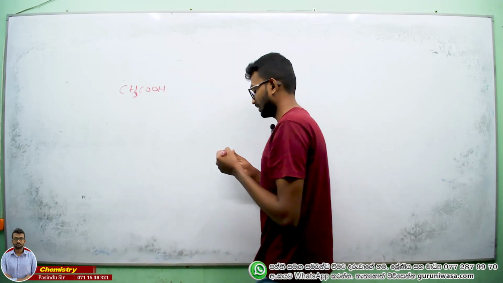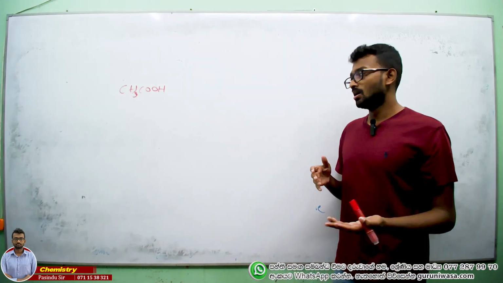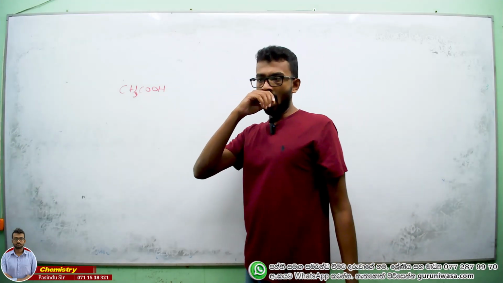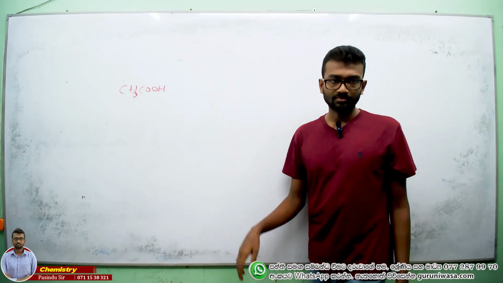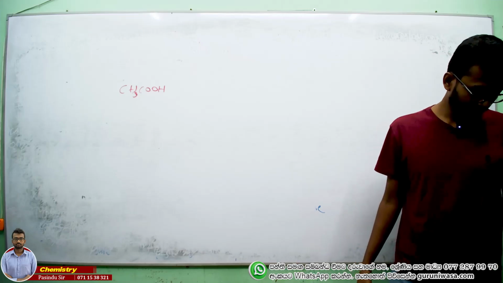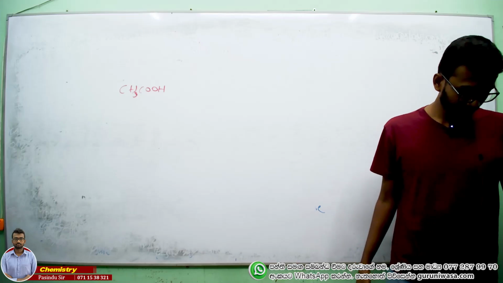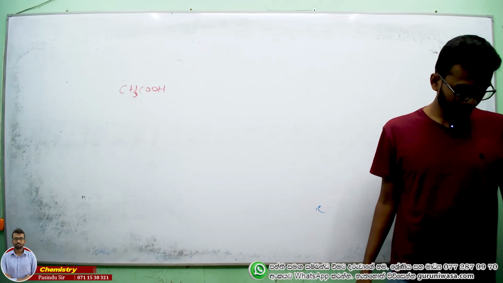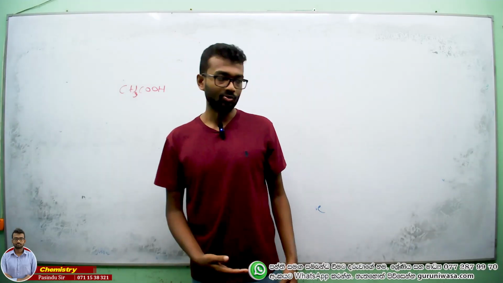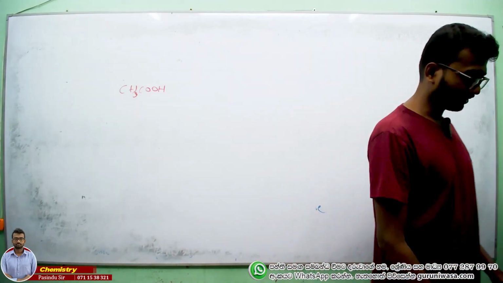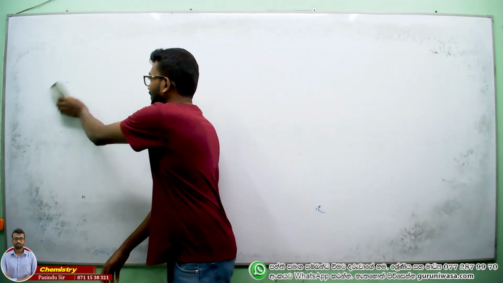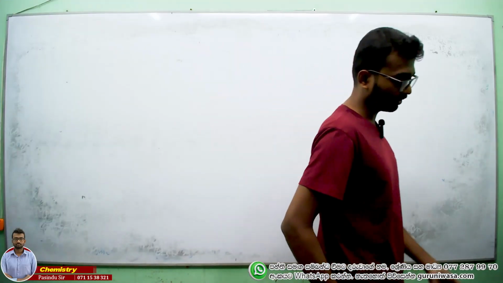So what is the IUPAC name? Ethanoic acid. Likewise, there are some common names.